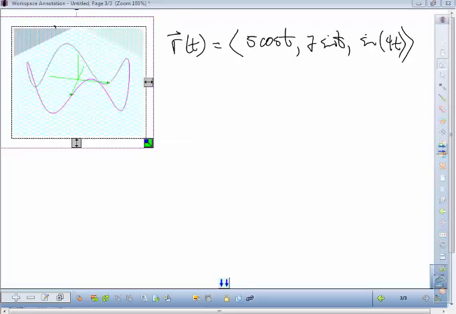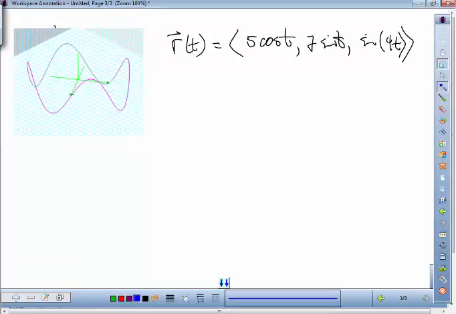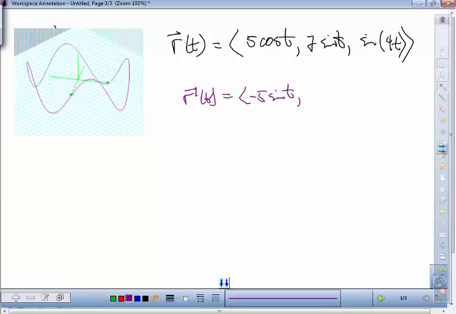Now let's go ahead and take the derivative, since that's what we were just talking about. r prime of t is equal to, the derivative of cosine is negative sine, right? So negative 5 sine t, positive 7 cosine t.